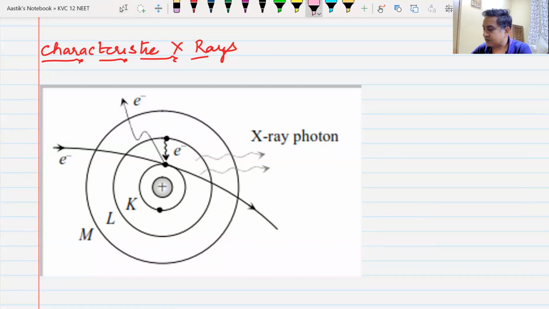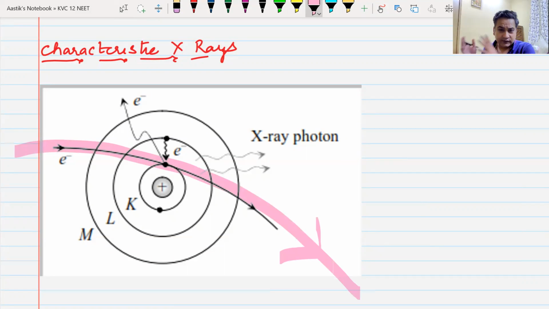Now see, you can see this electron going like this. It is getting deflected. Because of this deflection, it is continuously losing its energy, and it is emitting X-rays. Those X-rays are known as what? I've asked you a question, beta.